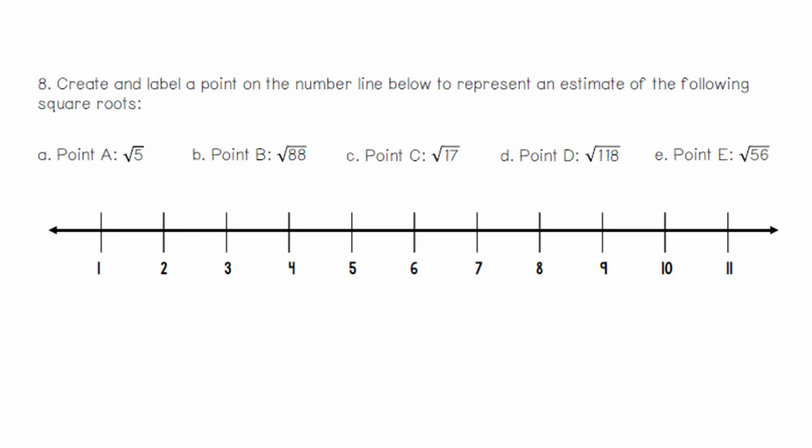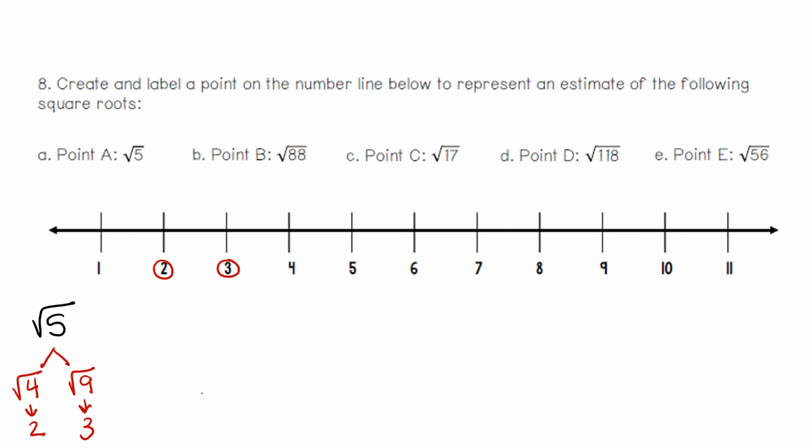Number 8, create and label a point on the number line below to represent an estimate of the following square roots. So for point A, we have the square root of 5. We're going to break down the square root of 5 into a smaller square root, 4, 2 times 2, and a larger square root, 9, 3 times 3. Our answer is going to be between the 2 and the 3 on the number line.